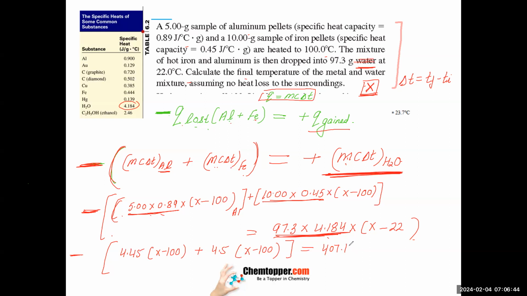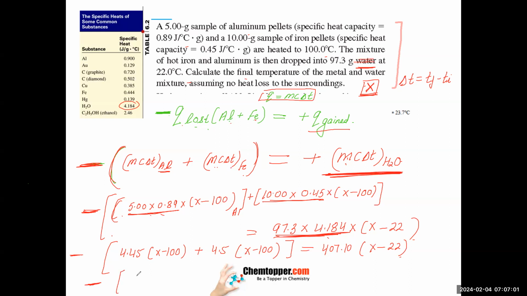407.10, right? The value given by you is correct. I'm dropping the rest of the digits. X minus 22, right? Now you can solve it. Open this parenthesis.